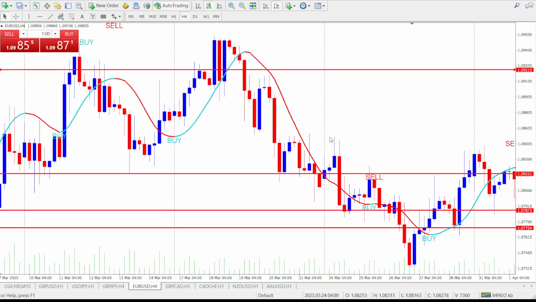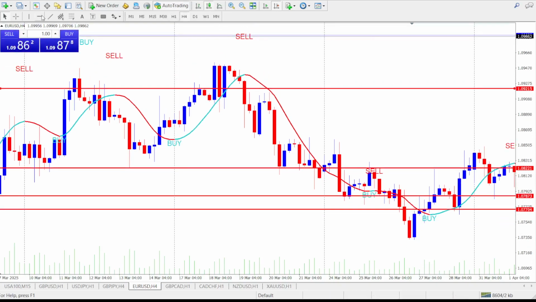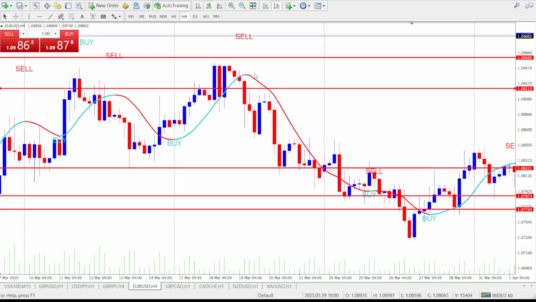Meanwhile, ensure that you also observe good risk to reward ratios and employ good risk management strategies. Do not trade with an amount you cannot afford to lose, do not risk more than 1 to 2% of your account balance in a single trade, and ensure that you have good risk to reward ratios. If you're entering a sell trade, your stop loss level should be above swing highs.